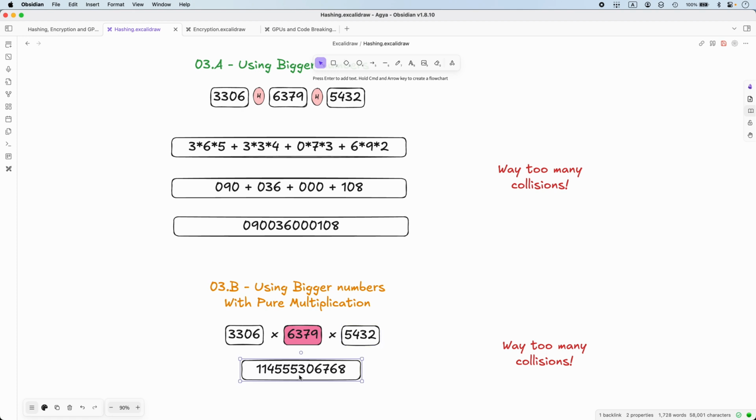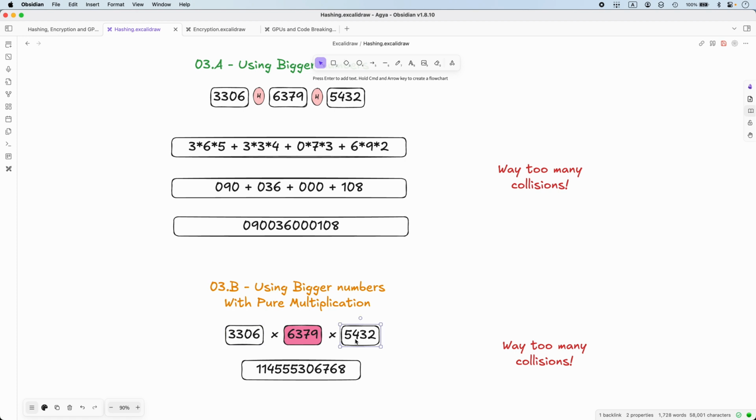You'll get this as the result. Now imagine I just told that three numbers got multiplied and this number was the result. How many ways are there to achieve this number as a result of multiplying three numbers? This one will always be a factor, probably because it's a prime number. Right? But these two can be decomposed in many ways. This is clearly divisible by 3, also by 2.